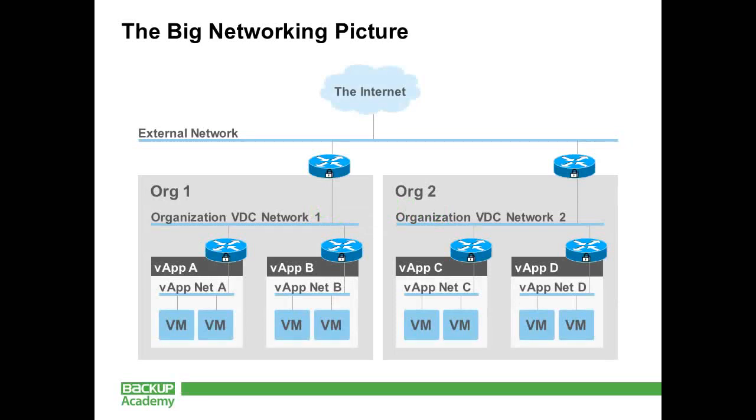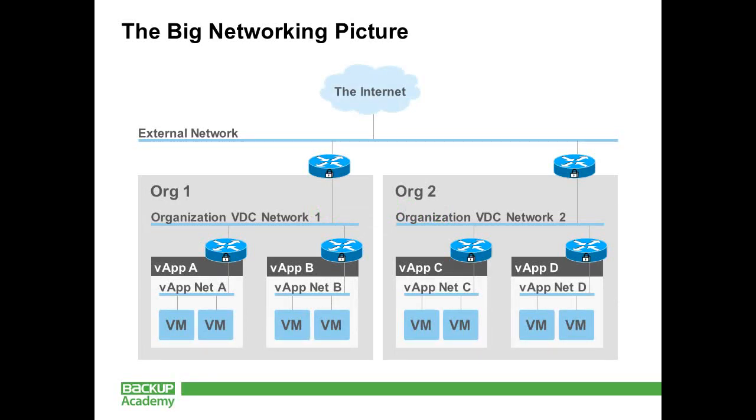The diagram on this slide shows you the overall networking picture of how it works within vCloud Director. So you can see we have external networks, organization networks, and VApp networks, and these are all connected via edge routing devices, or routing devices as you say in America. You can see that VApp network A and VApp network B are isolated from each other, but they have connectivity through the organization VDC network 1.